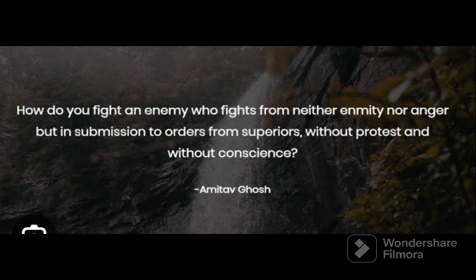However, Meenakshi Mukherjee says The Shadow Lines is the novel written in the 90s that will survive all the rest that appeared in the decade.